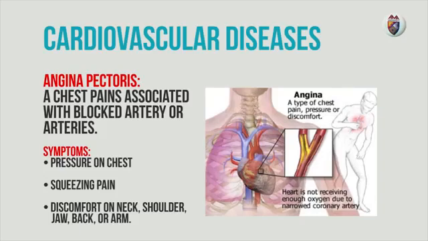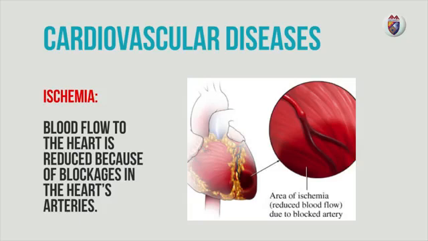Another heart disease associated with blockages in the arteries is called ischemia. This is when a lot of the arteries of the heart are blocked by fat deposits or the arteries are narrow, causing the failure of delivery of blood and oxygen to the heart muscles.